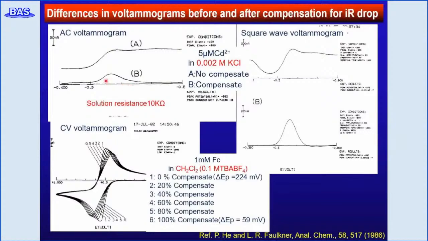Also, in the case of oxidation of ferrocene in low dielectric constant dichloromethane, the peak separation is 224 mV without compensation, which is very large, but after 100% IR compensation, the peak interval is 59 mV, which is close to the theoretical value.